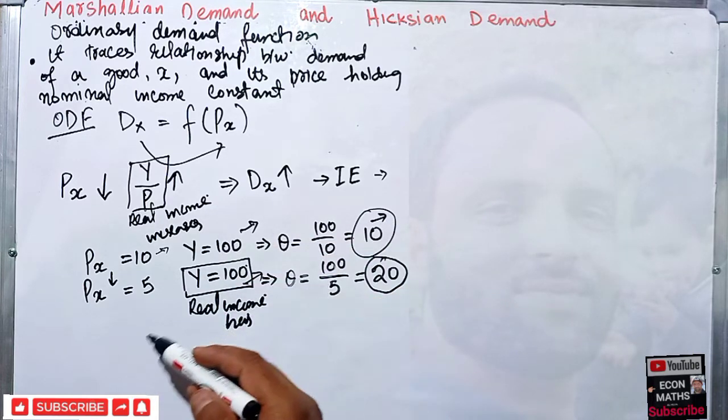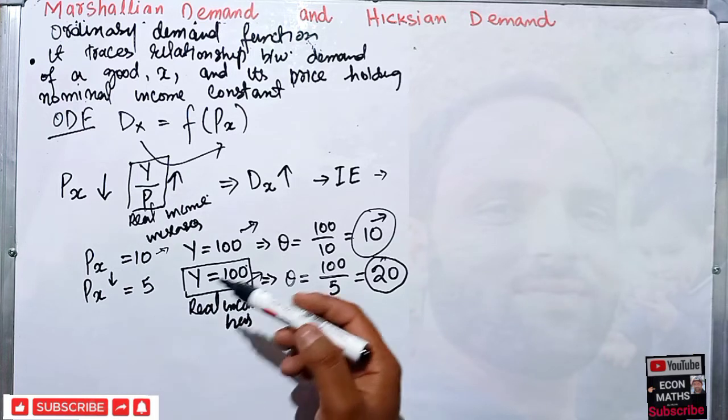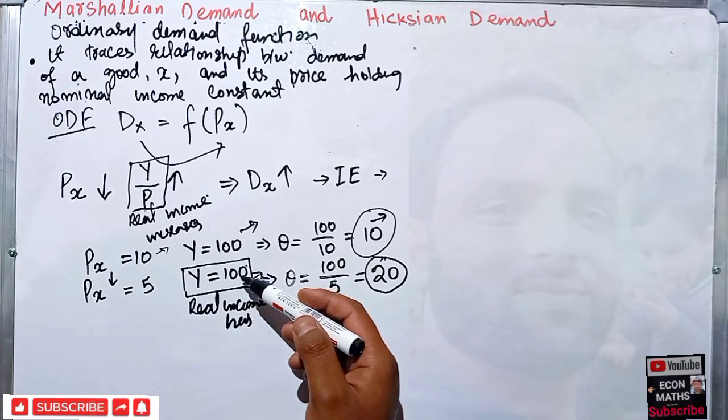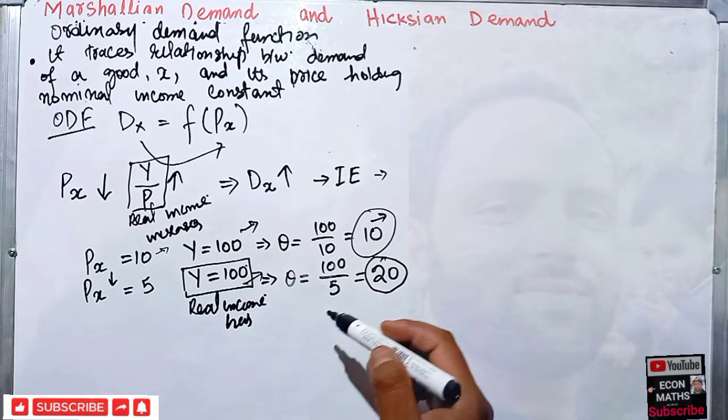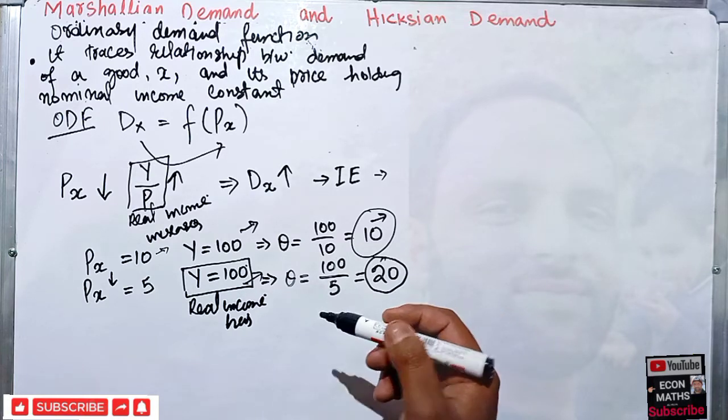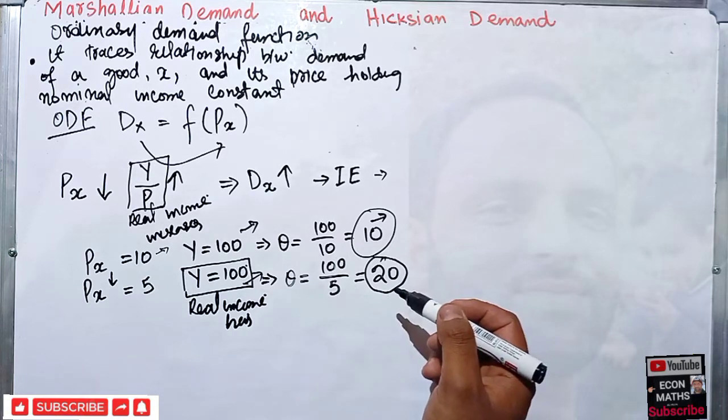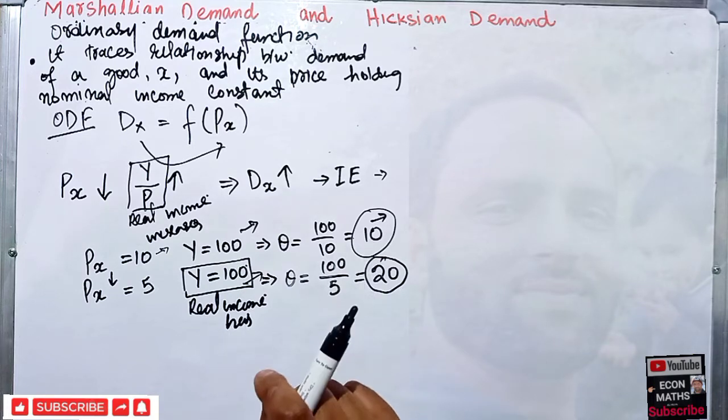So with a decrease in price, the consumer's real income will increase, and consequently demand for the good will increase. This is the income effect.